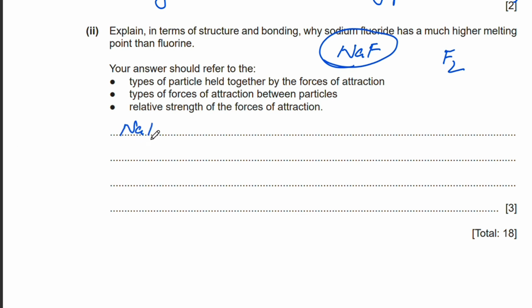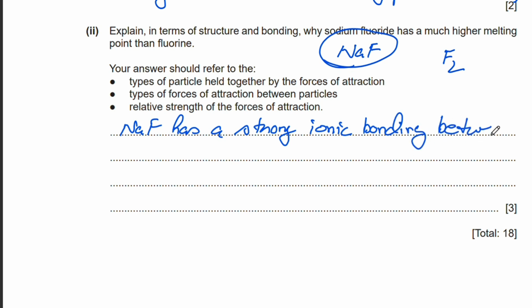Sodium fluoride, NaF, has a strong ionic bonding between its ions.